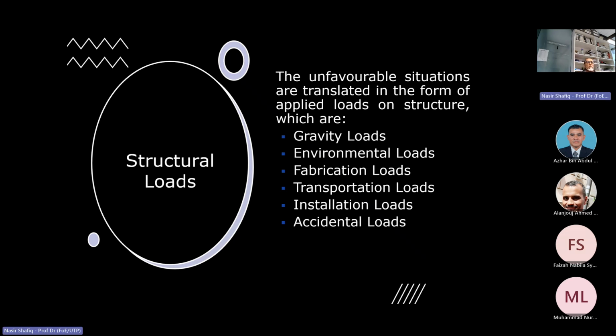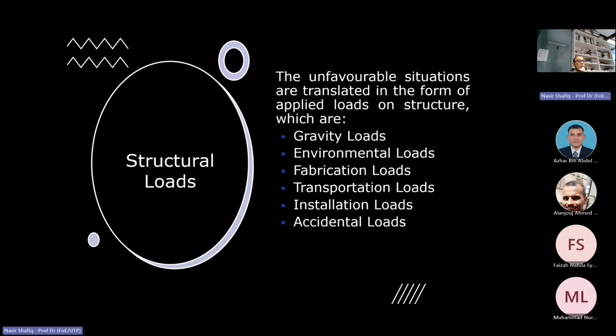So the unfavorable situations are translated in the form of applied load, which are either gravity load, related to gravity, like self weight of the structure, people weight, other weight, right?